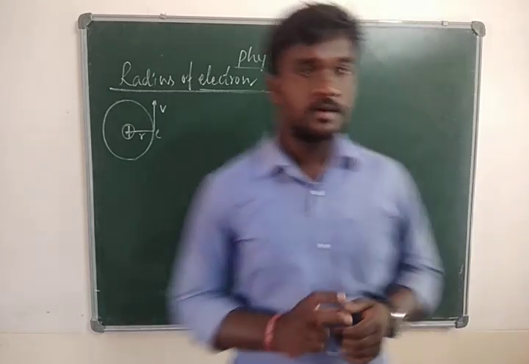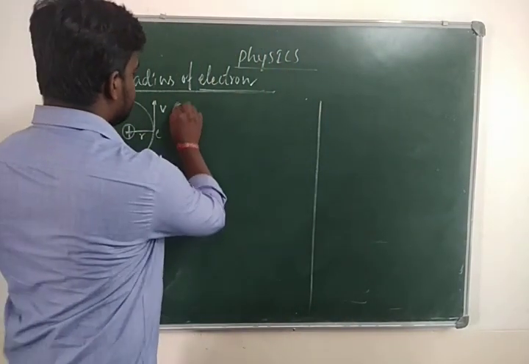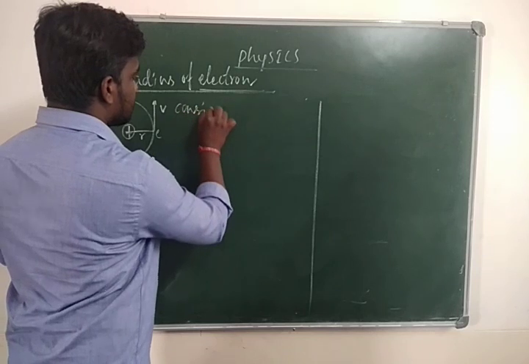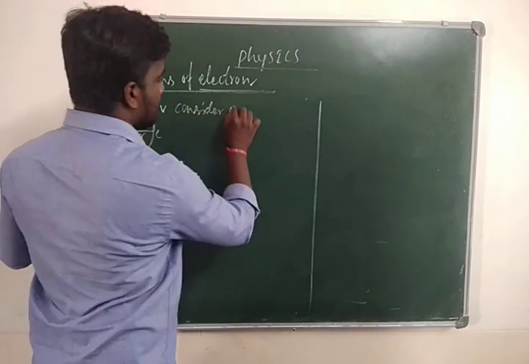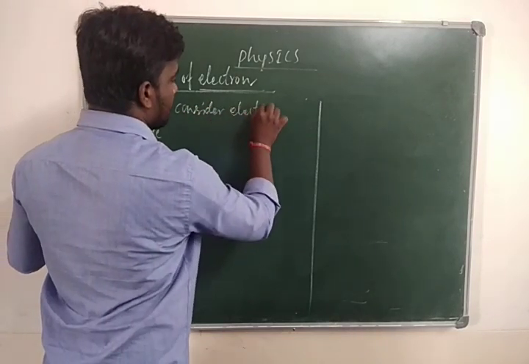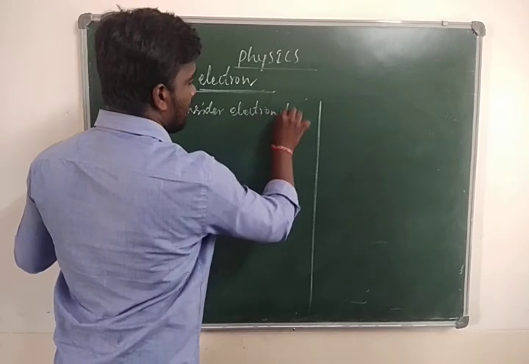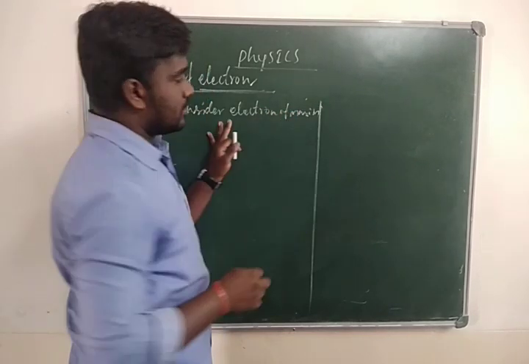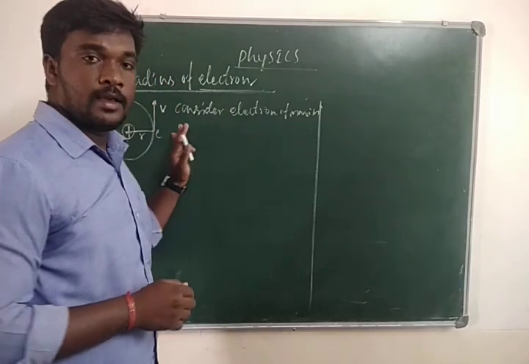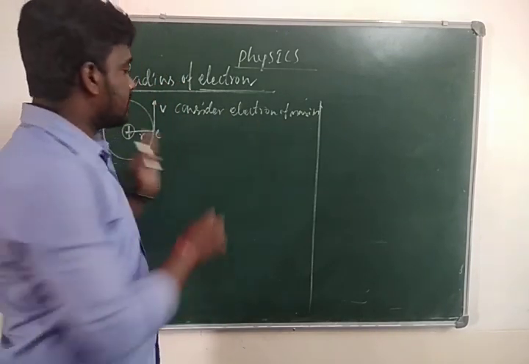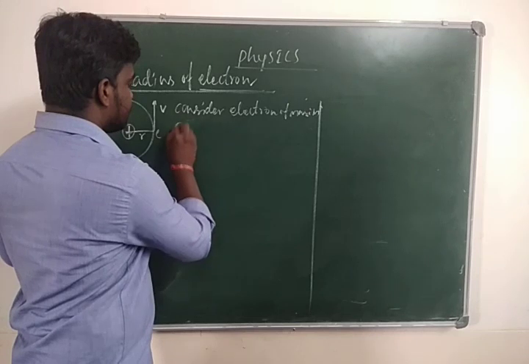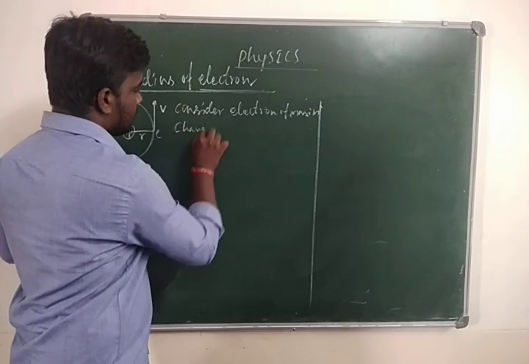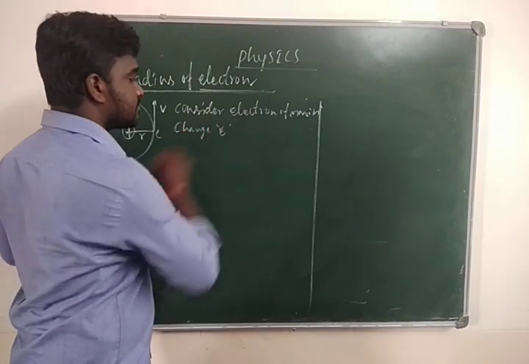Okay, so consider an electron of mass m and charge e.